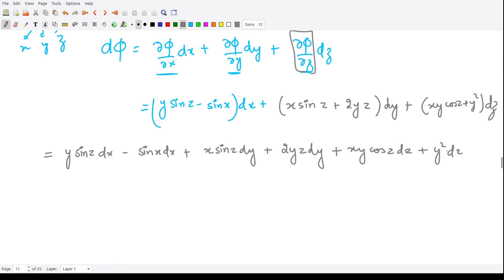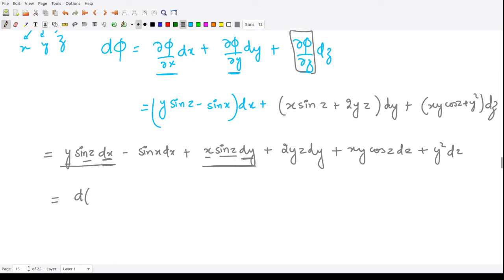Now you are to inspect all the terms and see whether you could make the complete integral out of any of these terms. This is up to you. If you look at this term, you are seeing the derivative of x and the term y sin z. And in this term, you are seeing the derivative of y and x sin z as such. So that means you could write the complete derivative of this term.